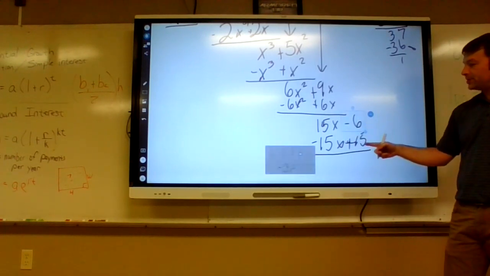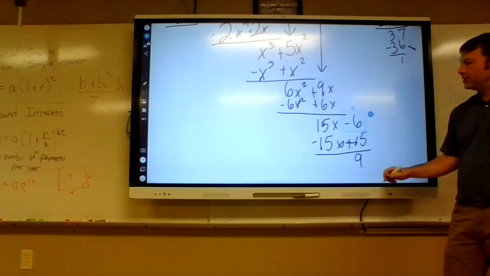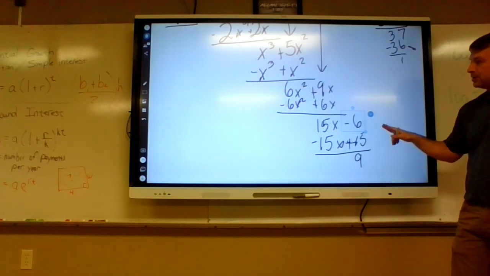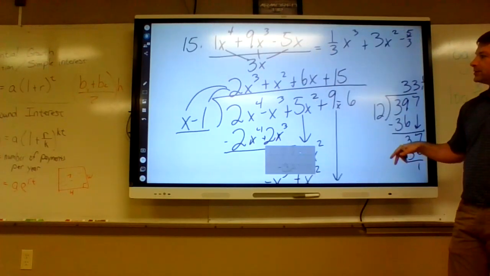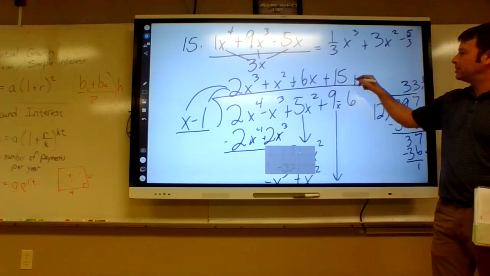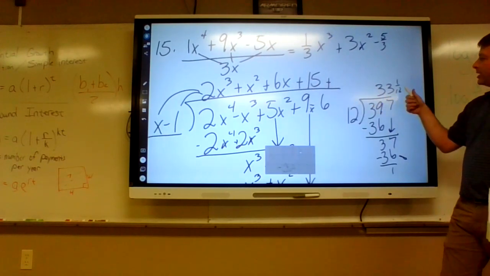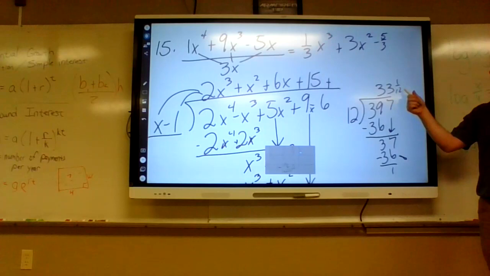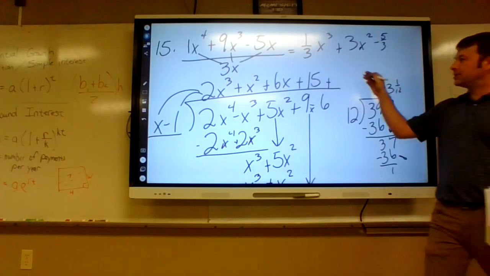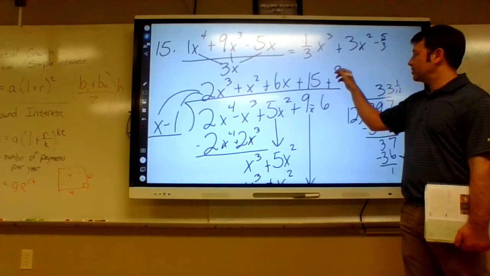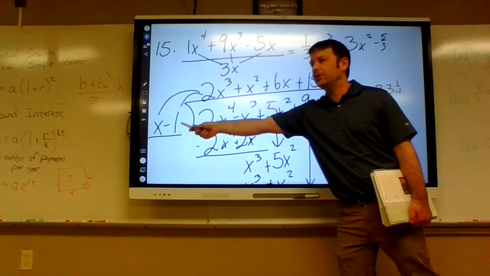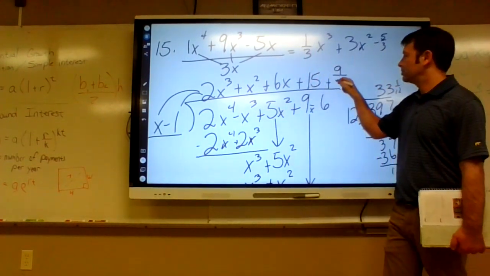What's negative 6 plus 15? 9. What am I going to do with that 9? Fraction. Yes, fraction. So this remainder over here of 1/12 is like 33 plus 1/12, that's what it means. So on my remainder, I'm just going to put plus 9 over x minus 1.